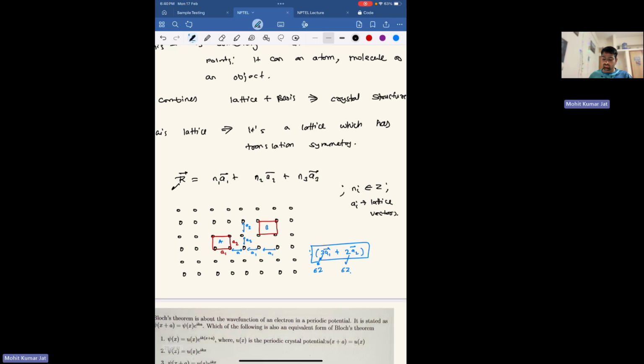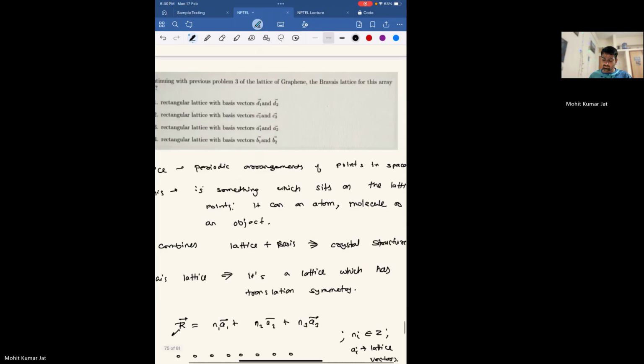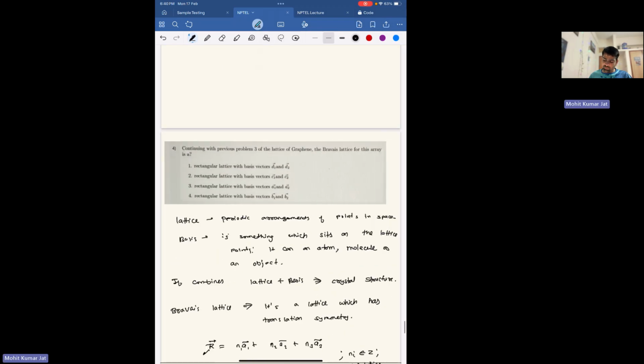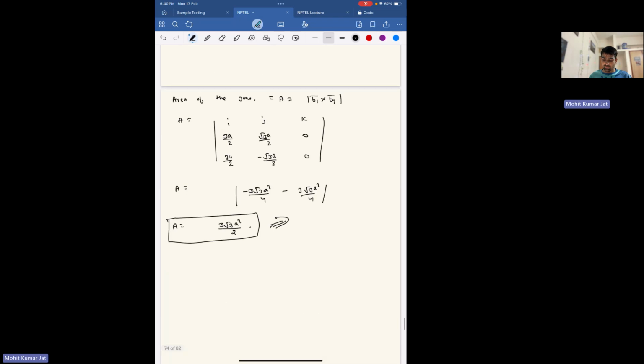But in the case of graphene, if you ask me about the primitive lattice for this array, then yes, I can answer. But graphene itself is not a Bravais lattice. Why?